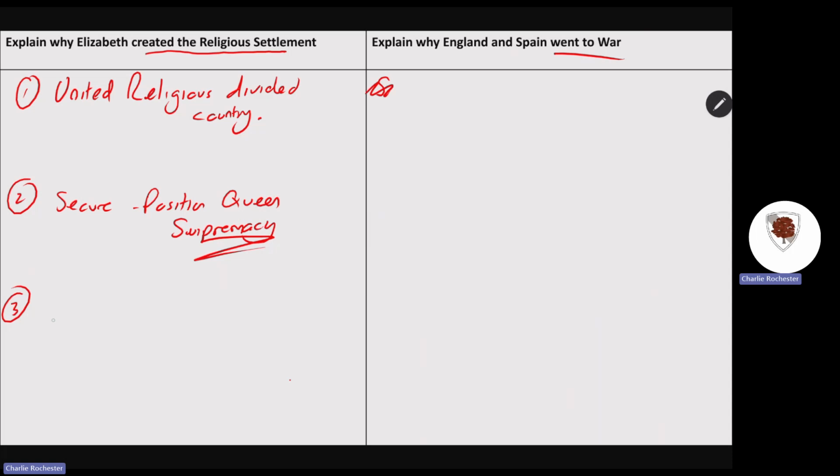And it was another way also to control the church, to try and remove Catholic influence without upsetting people too much. We will go through that before the exam in our boosters, but it's a very manageable question to understand why did she put religious rules in place.